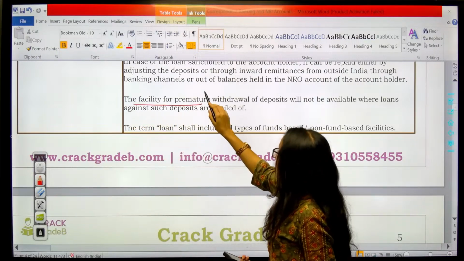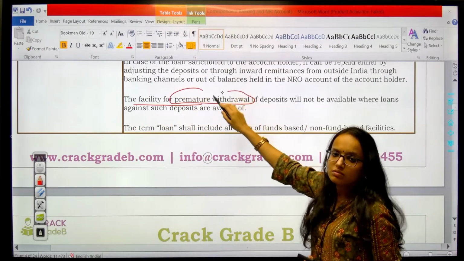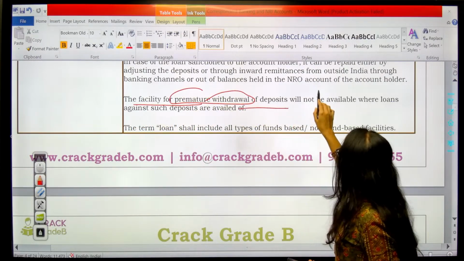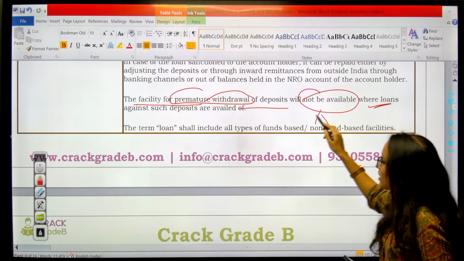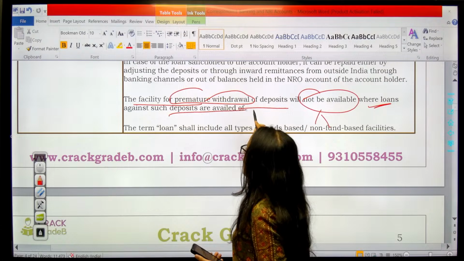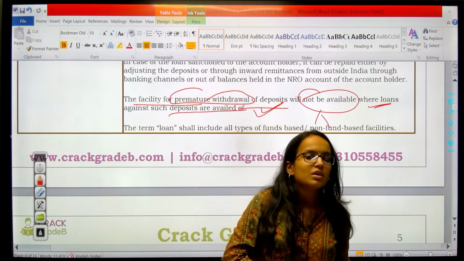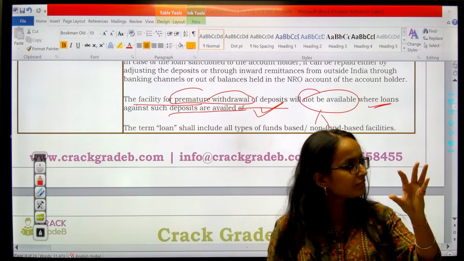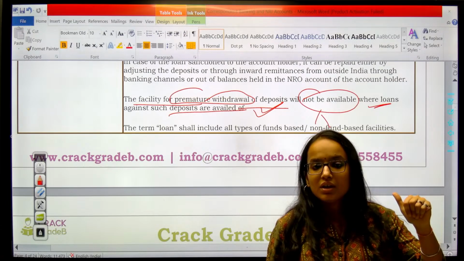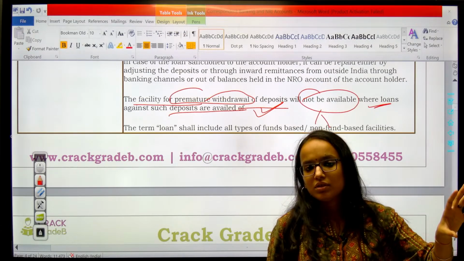The facility for premature withdrawal of deposits will not be available where loans against such deposits are availed of. So, if you have an NRE account, you have deposits in that account.